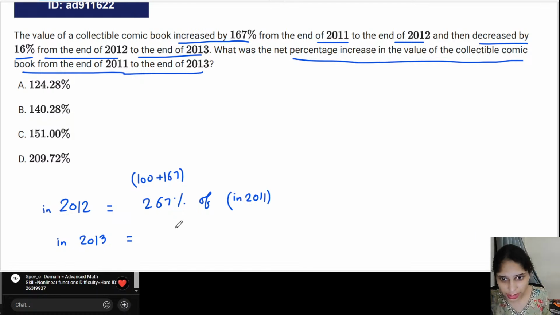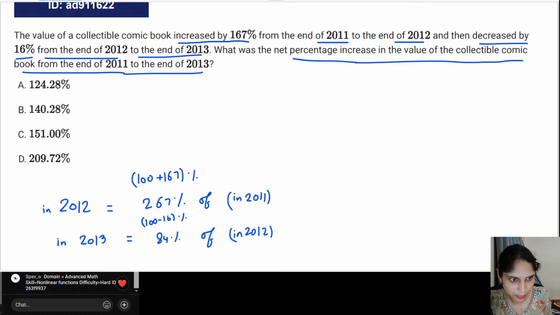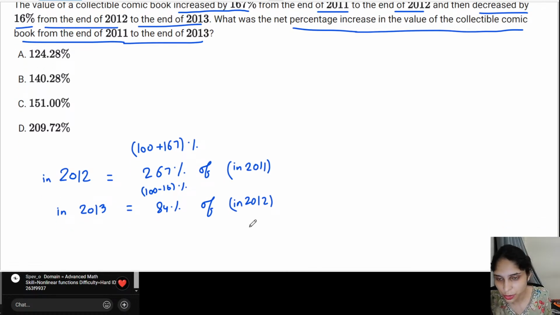So in 2013, it is decreasing by 16%. So we have to do 100 minus 16, that's going to be 84%. So this is 84% of 2012. Now they want to know the relationship between 2013 and 2011.